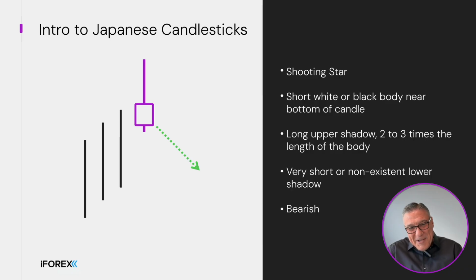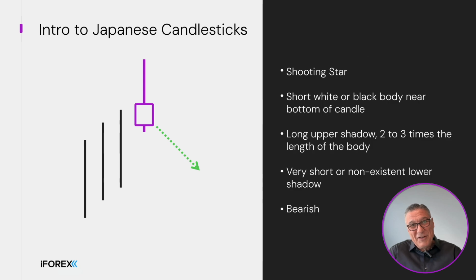Now, again, the shooting star should not be taken in isolation, but in combination with other tools, like an overbought oscillator in this case, a resistance near the upper shadow, high volume, high activity, high selling pressure, if you wish.